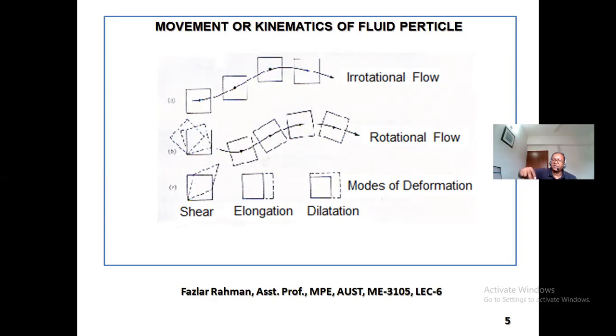It expands, right? Its volume is no more a spherical shape. That is called also dilatation. That means a fluid element initially at time t is a cube, then still it is a cube, but its volume is increasing gradually.